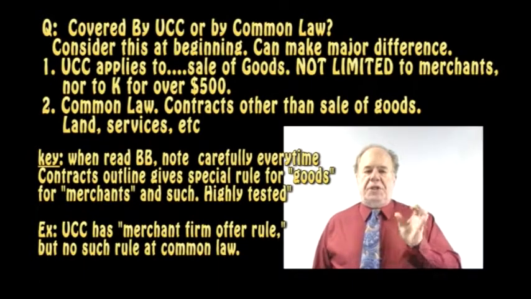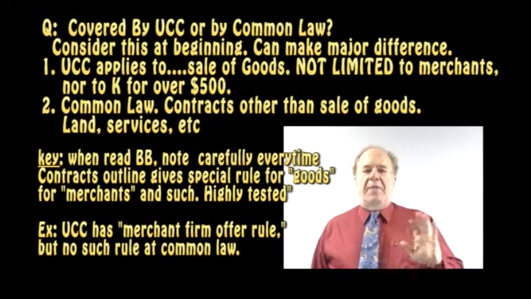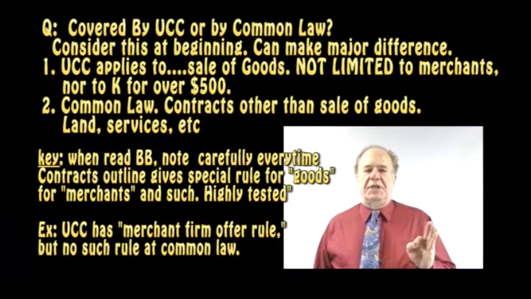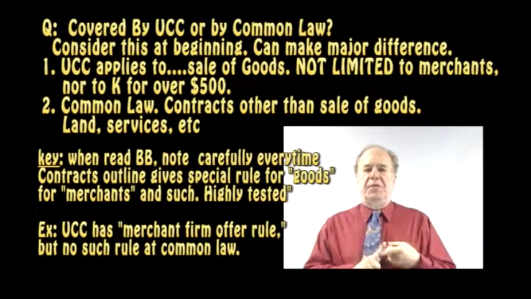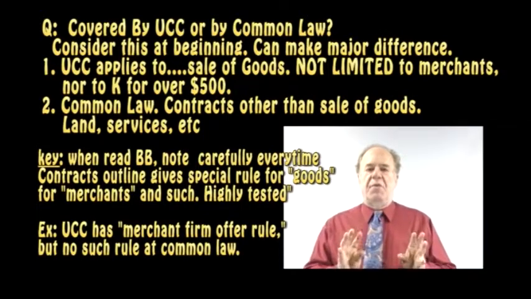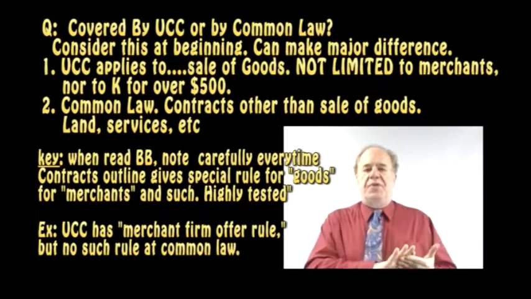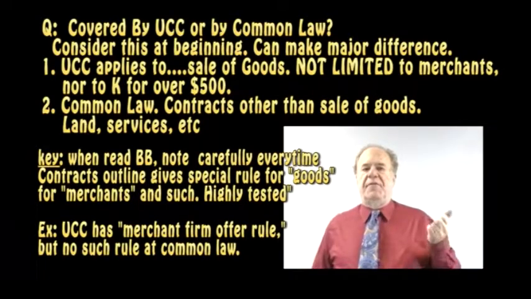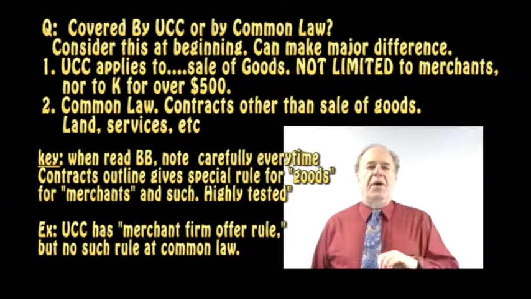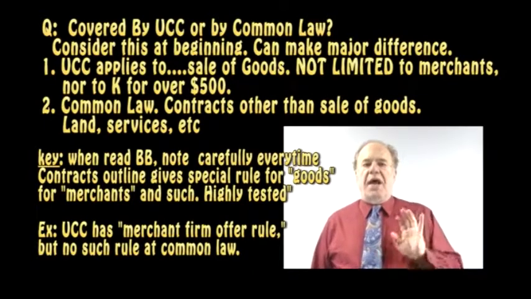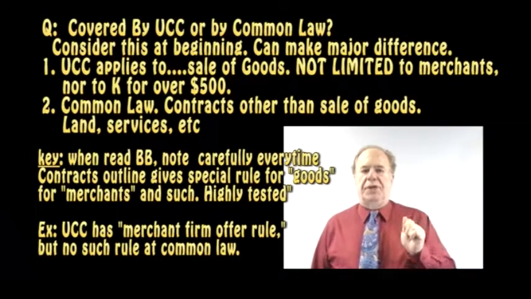The merchant concept is one that brings certain UCC rules into play. That is, if we have a sale of goods, there are some special UCC rules that apply only to or differently with merchants than with non-merchants. But in general, the UCC covers all sale of goods, no matter how much the cost, and no matter whether the buyer and seller are or are not merchants. All sale of goods. Common law covers everything else.